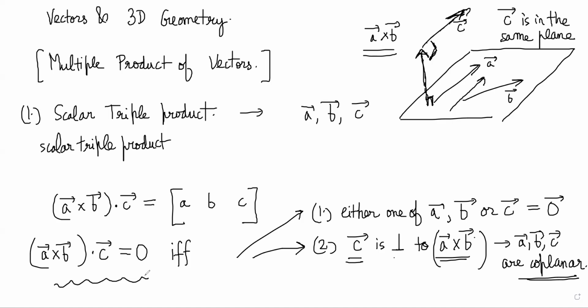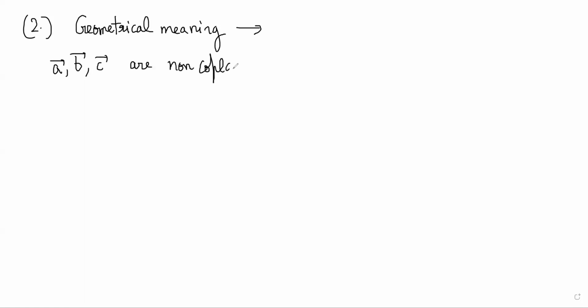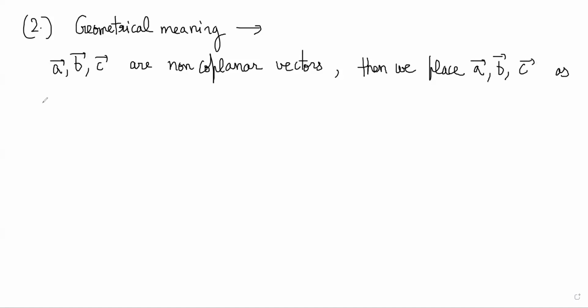Okay. Now, the next thing that you need to understand here is the geometrical meaning of the scalar triple product. Geometrical meaning. And if you think about A, B, C as three non-coplanar vectors, then we place A, B, and C as the edges of a parallelepiped.